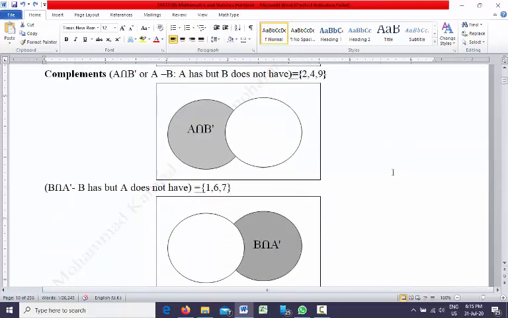Right. So now the complements. So pay attention. Complement means other than that.